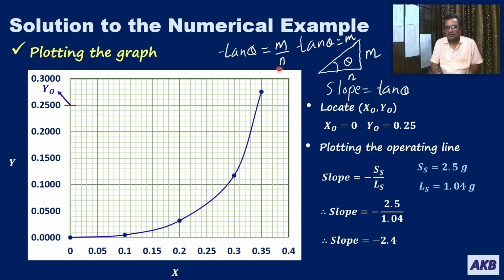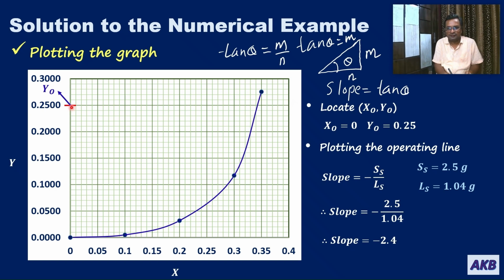So since I have to plot a line of negative slope, I will be traveling 1 unit distance. I will be traveling in a downward direction. So the operating line should start. It is starting at this point.